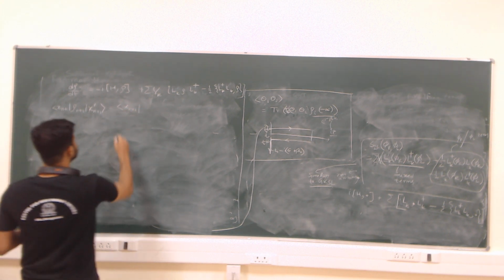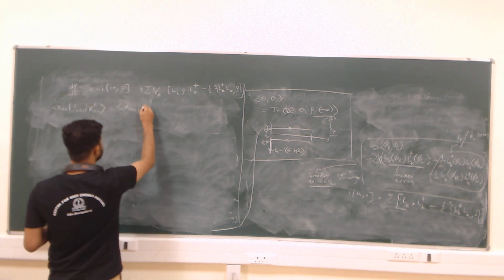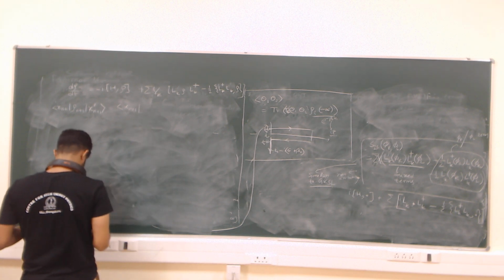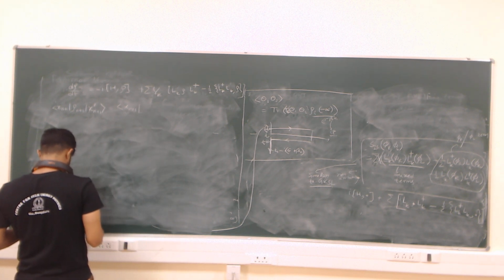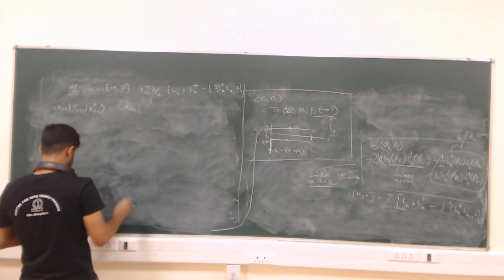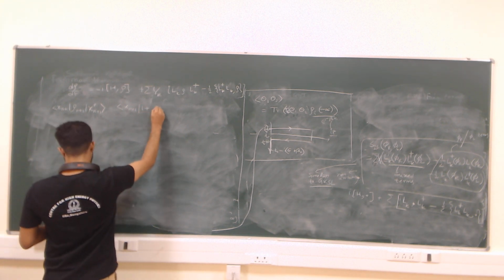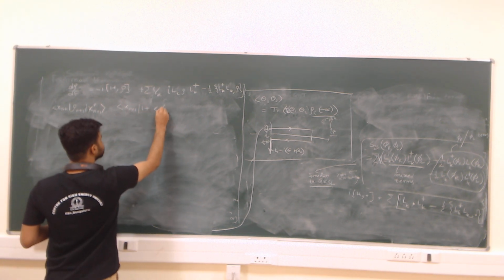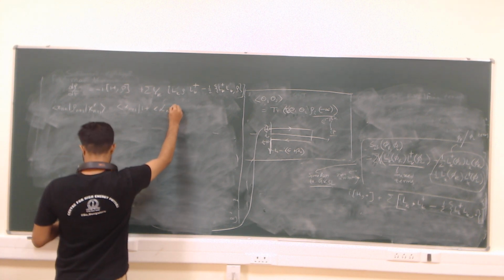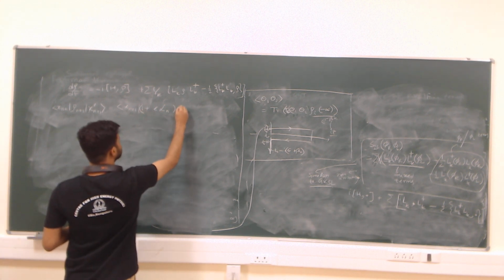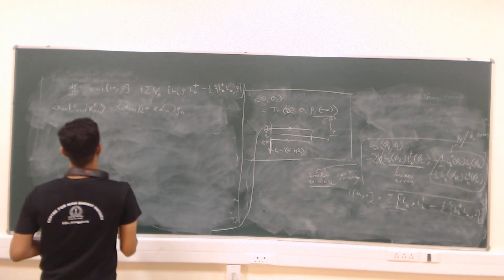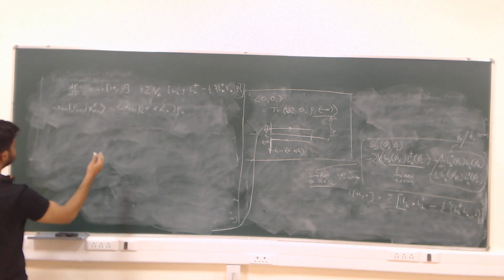Then in the partial-derivative sense in which we derived this equation previously, we can write it as 1 plus epsilon into some element into rho of n, which is the density matrix at the nth time step.